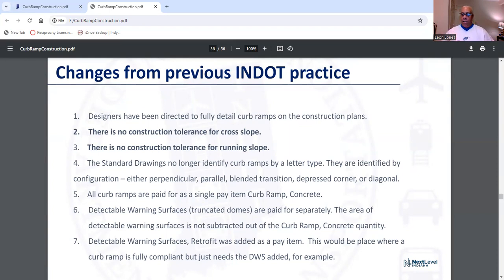13-page document, and you had to utilize that 13-page document for each and every ramp. So you could have 100 ramps out there, and you have this 13-page document.